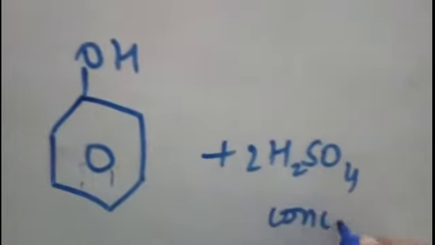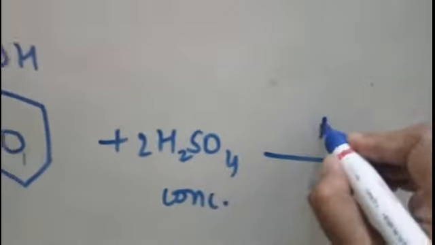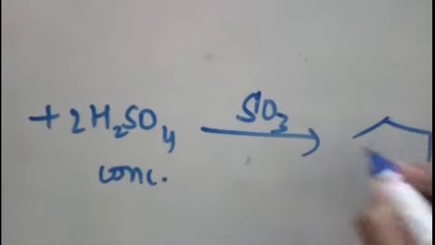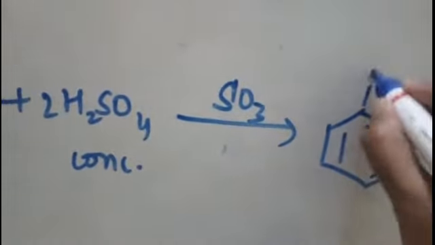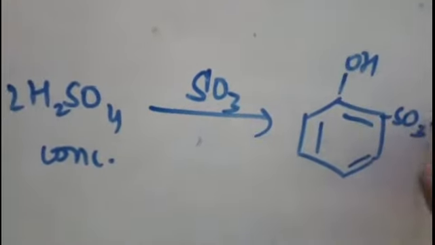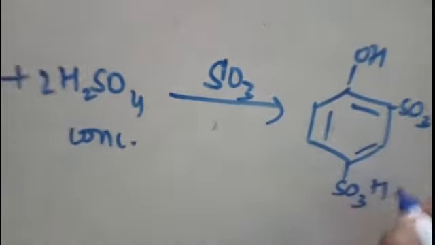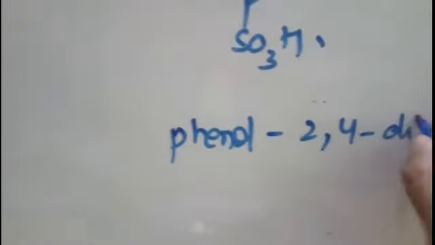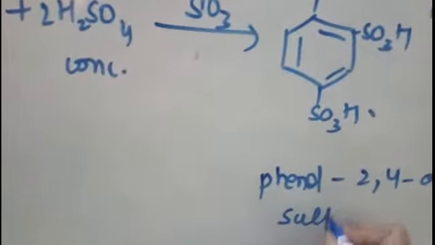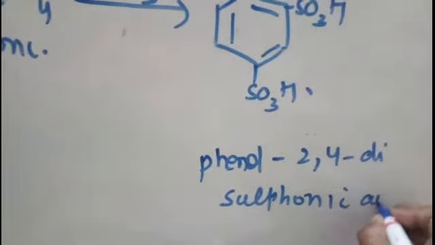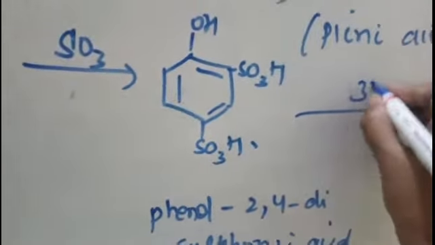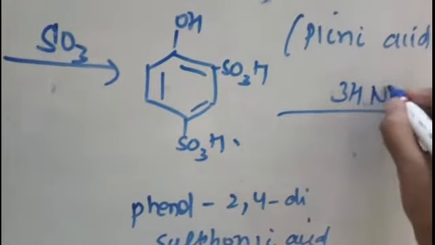When you do the sulfonation of phenol, you will get the sulfonic acid group at ortho and para positions. The disubstituted product, phenol 2,4-disulfonic acid, will be formed. This will be treated with nitric acid to give you picric acid, right?